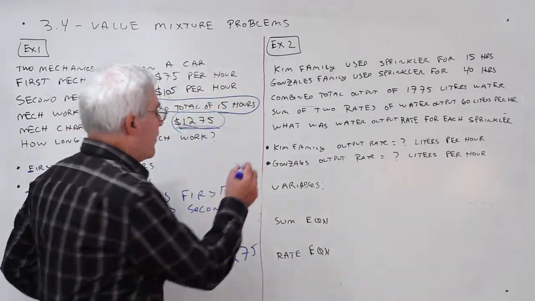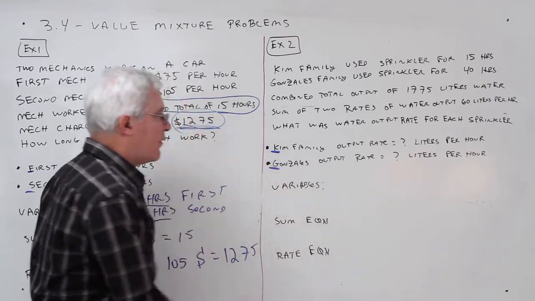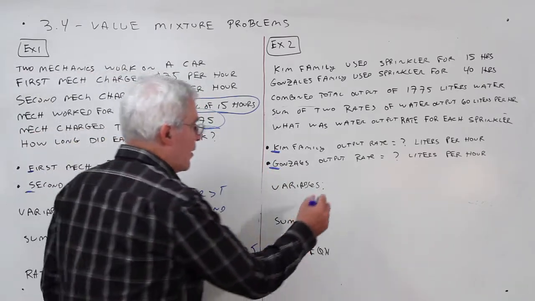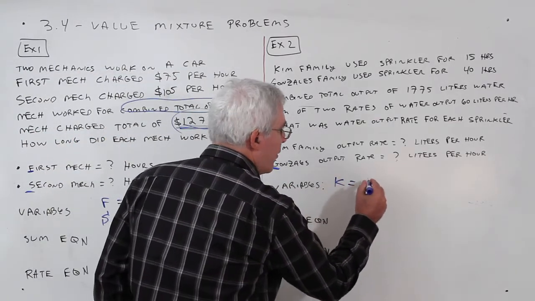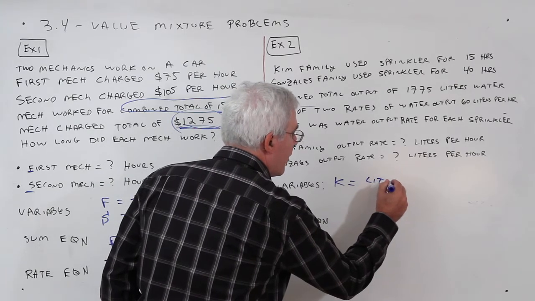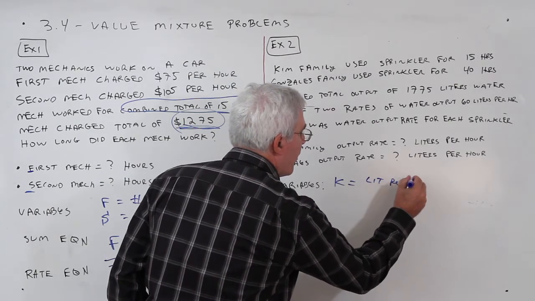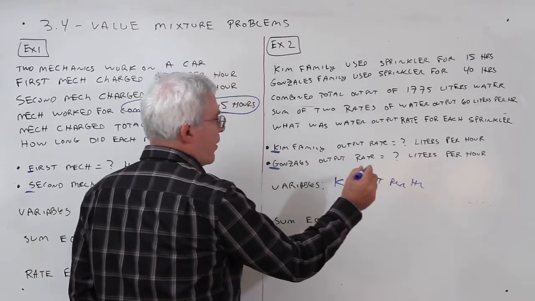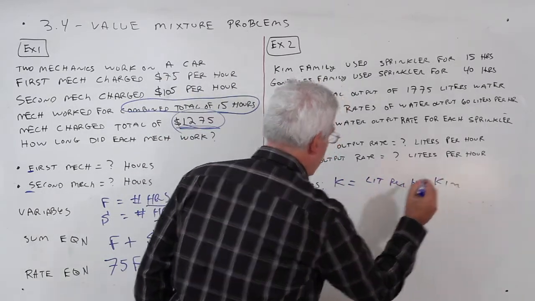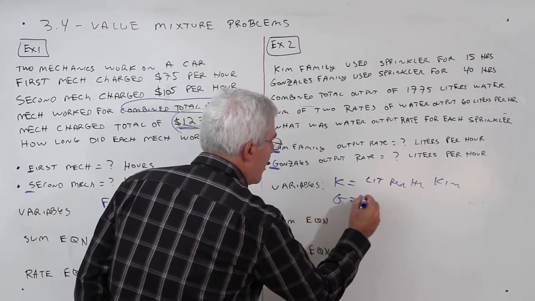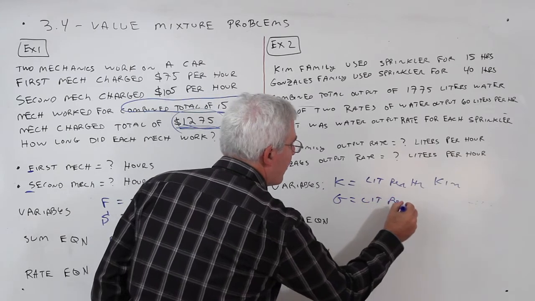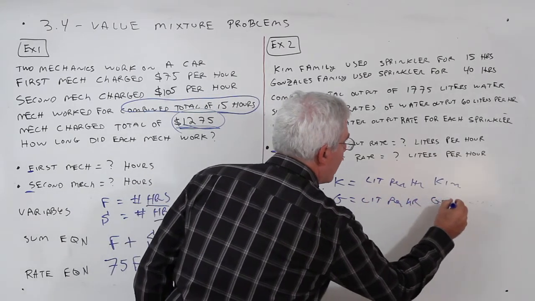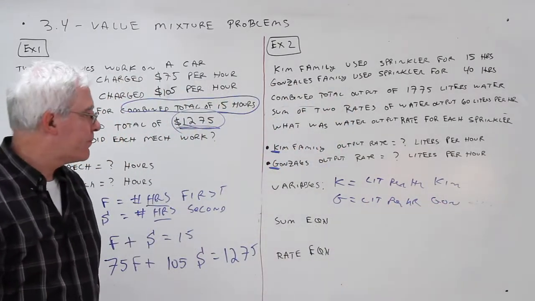Okay, variables. Well, let's use the variables K and G. So K equals liters per hour of the Kim family, and G equals liters per hour of the Gonzalez family.